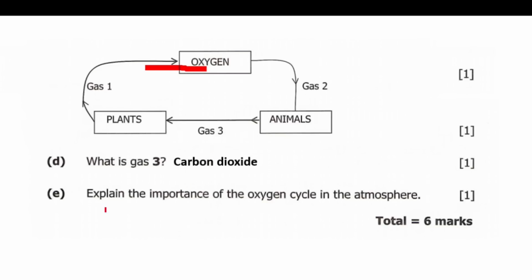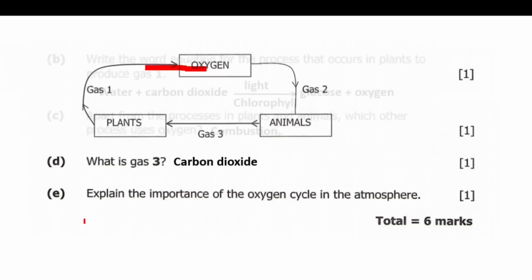Then E, explain the importance of the oxygen cycle in the atmosphere. It balances the amount of oxygen in the atmosphere so that the oxygen never finishes.